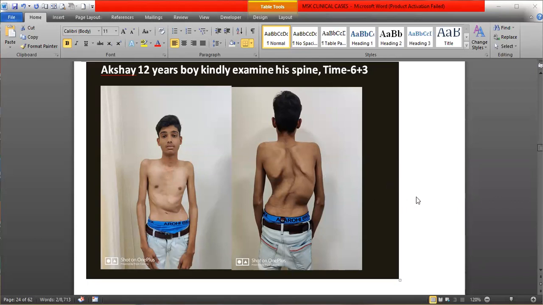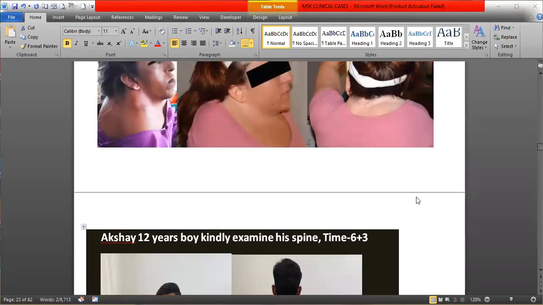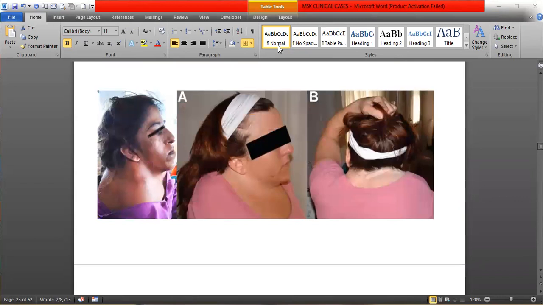So we can move on to the next one. Another important one. What is this syndrome? Can anybody suggest what is this syndrome? People fail. One of the centers is keeping this case. So what is the importance of this kind of case in the exam?